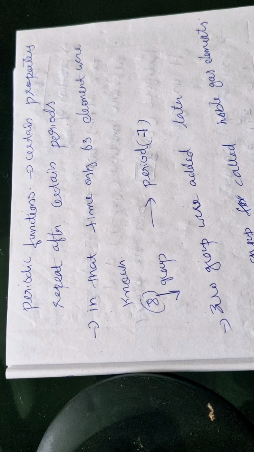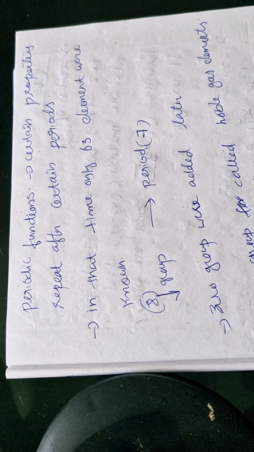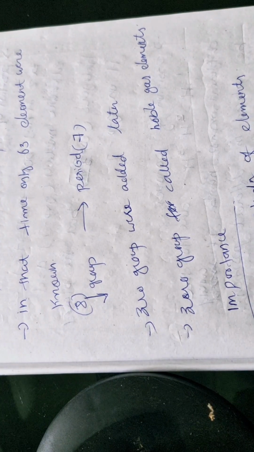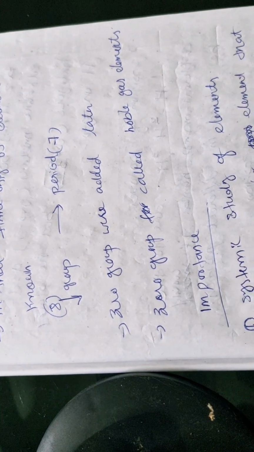At that time only 63 elements were known. So he classified the 63 elements into 8 groups and 7 periods. Later he added the zero group, also called the noble gas elements.